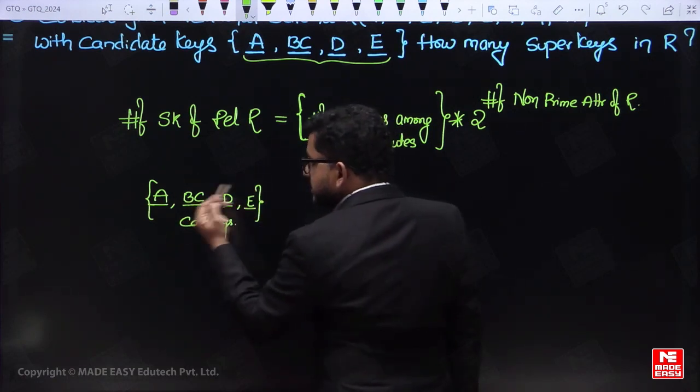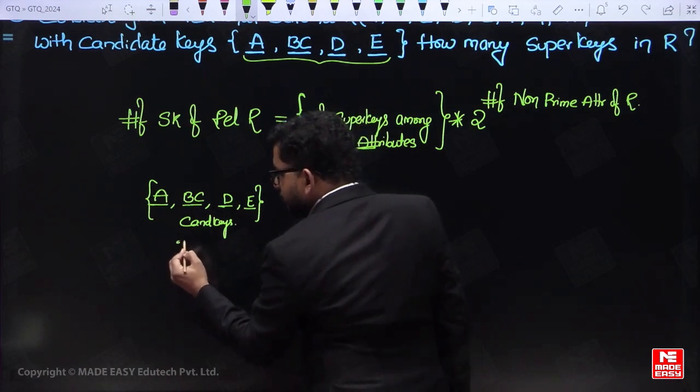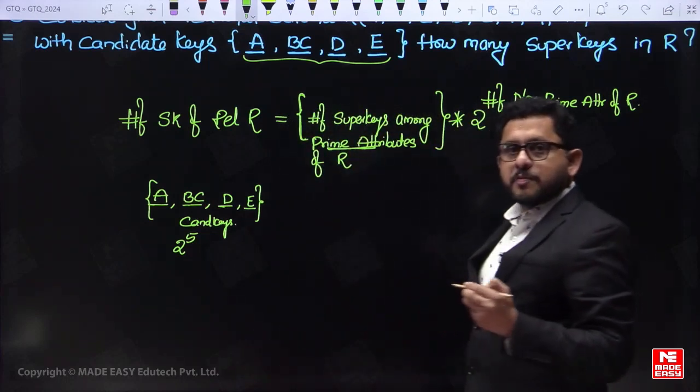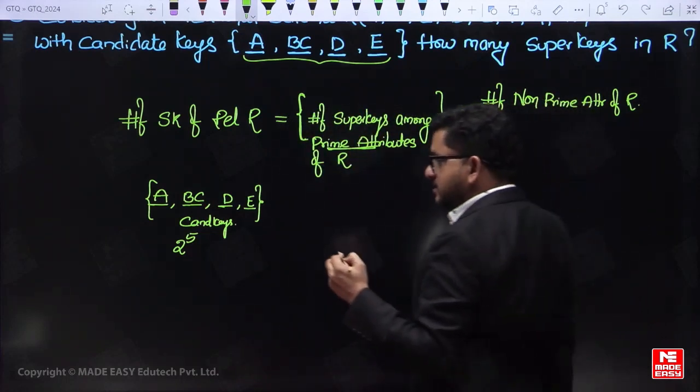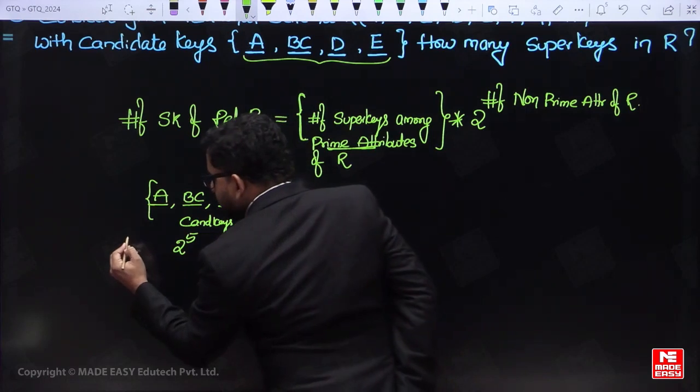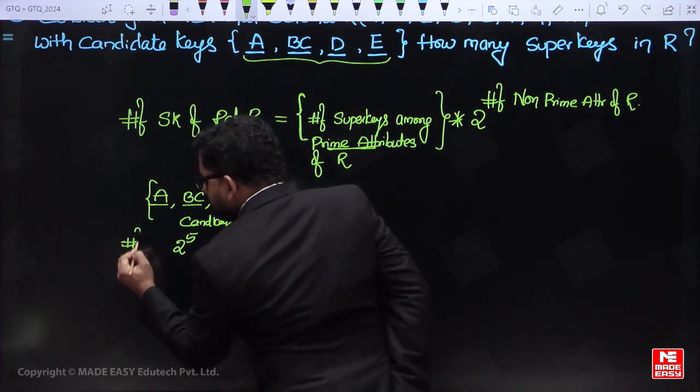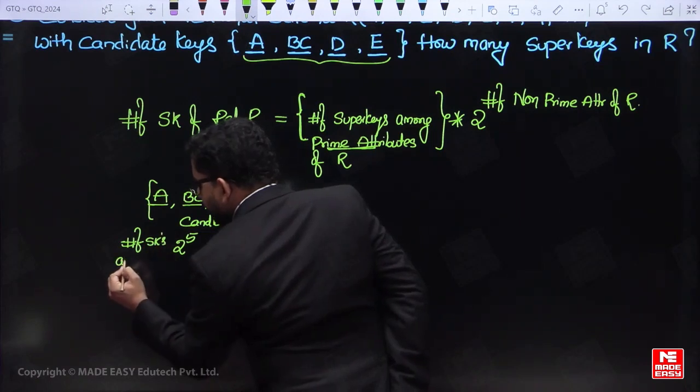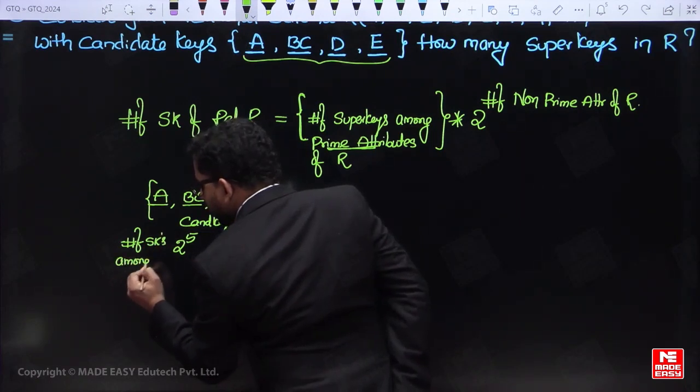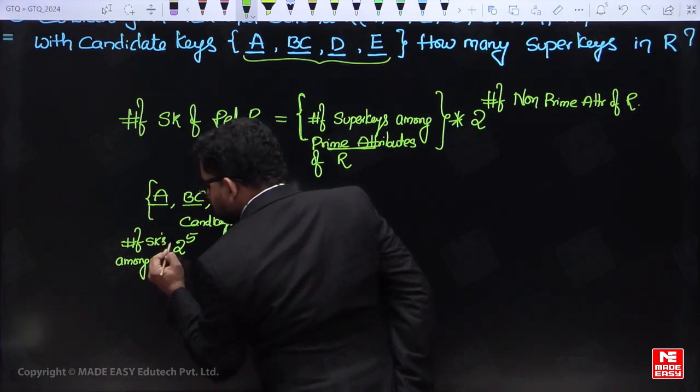Total these are 5 prime attributes, so 5 prime attributes means 2 power 5 subsets, including the empty set. So we are finding the number of super keys among the prime attributes of the relation.